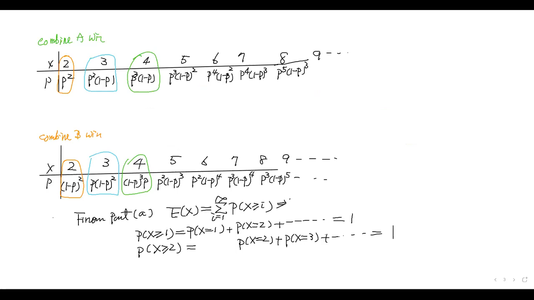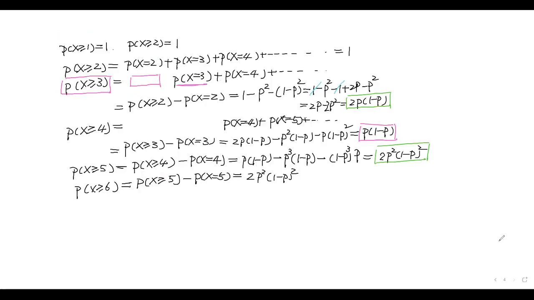Okay, let's see the x equal to 5. Let's use this brown color: p cubed (1 minus p) squared and p squared (1 minus p) cubed, right? So here you minus p cubed (1 minus p) squared minus p squared (1 minus p) cubed.